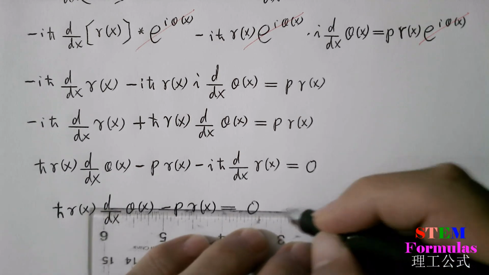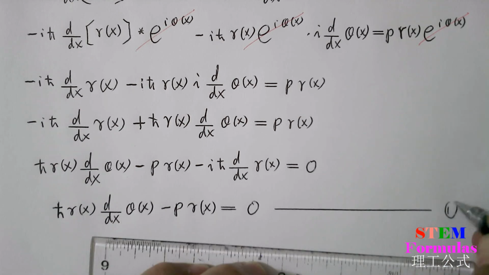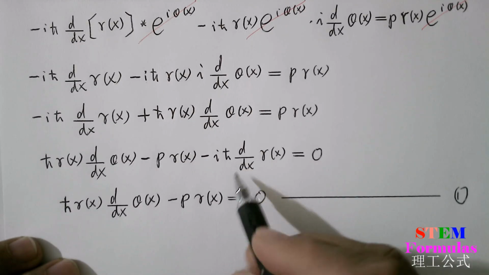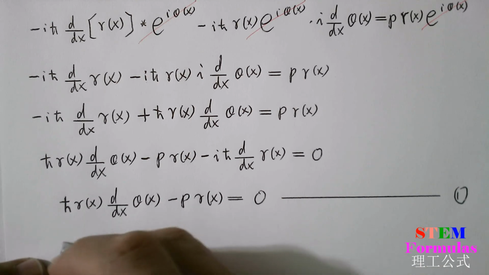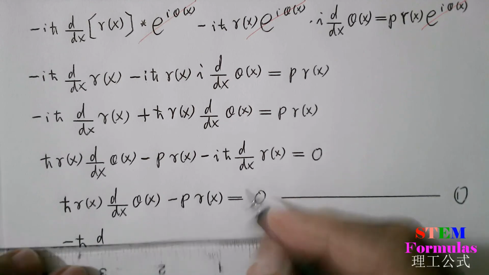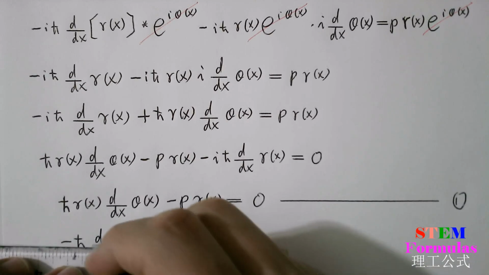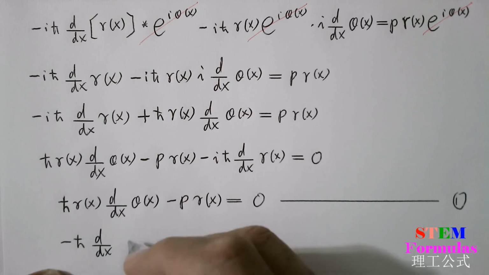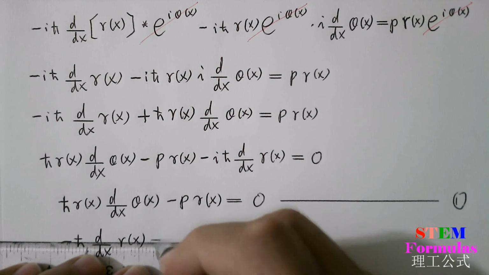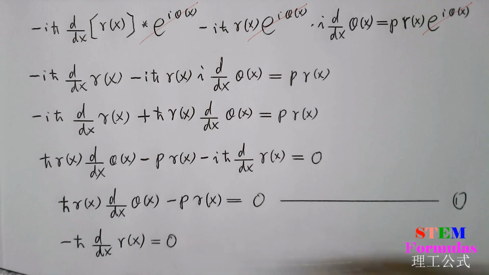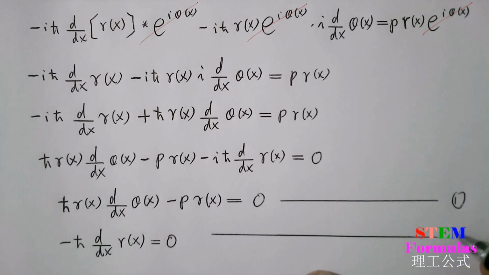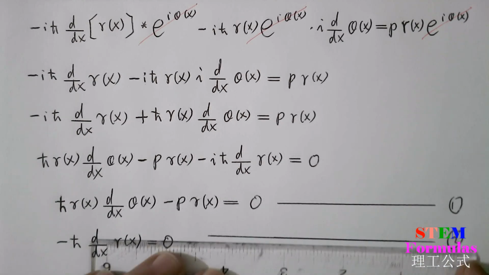This I call equation 1. The second one, this imaginary term, is minus h bar d/dx r of x equal 0. This is the second equation. So I have two equations.